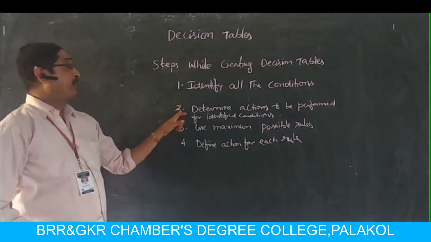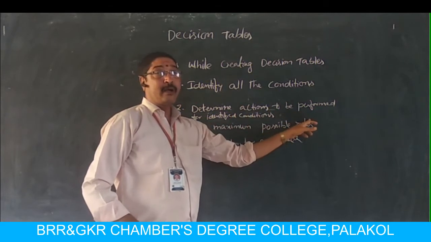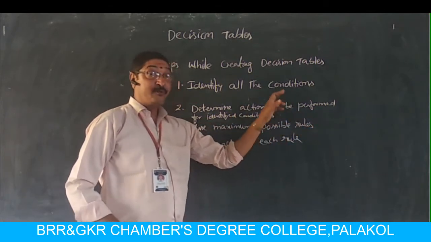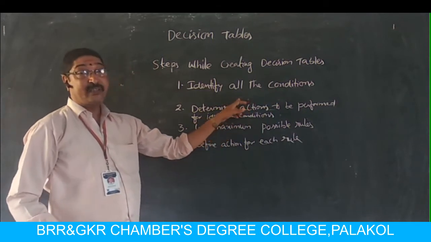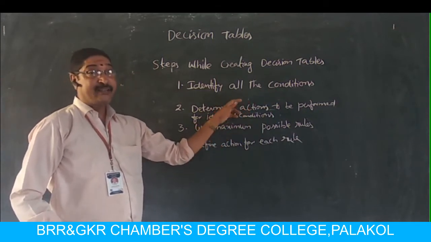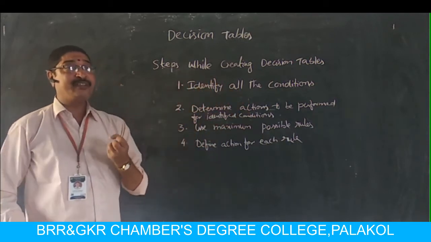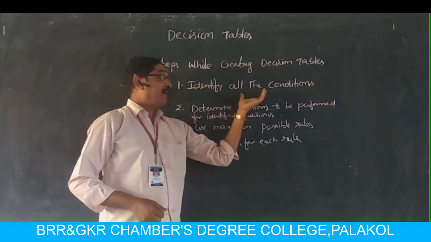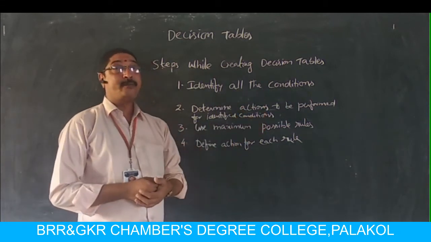The next one, determine actions to be performed. For what? For the identified conditions. In the first step, we identified some conditions. If like this, like that, we identify some conditions. So, for all the conditions, we have to identify the actions to be performed.